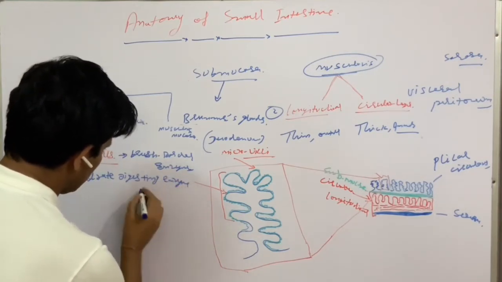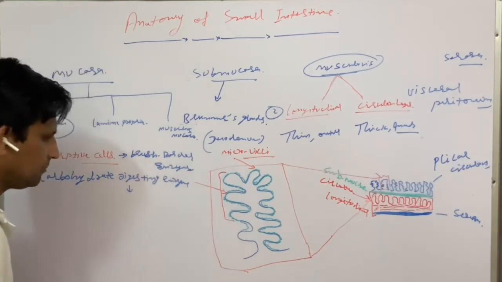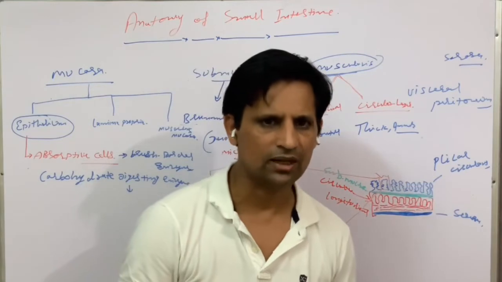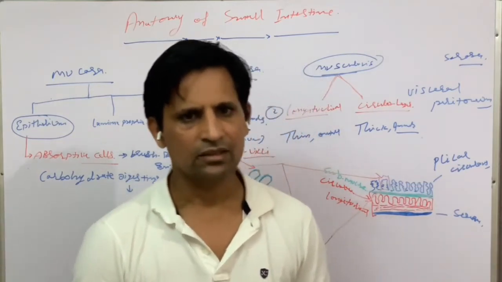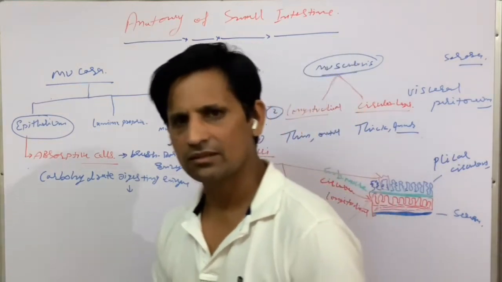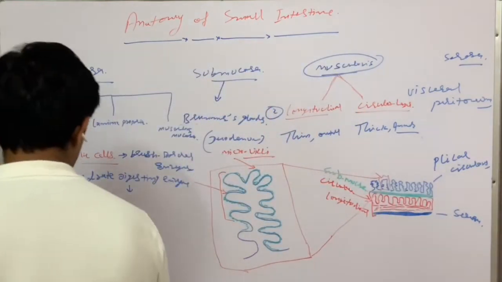The main carbohydrate digestive enzymes are the dextrinase, the maltase, the sucrase, the lactase. So these are the basic carbohydrate digesting enzymes.